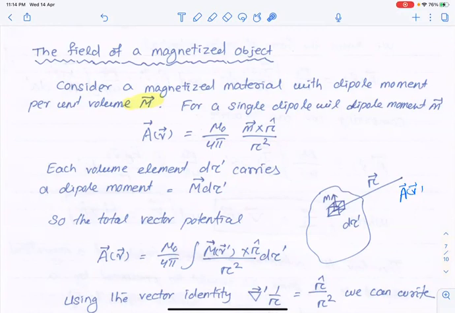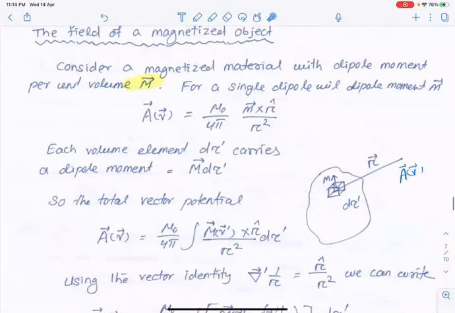Now, if you want to calculate the total vector potential for this material, you need to integrate over many such volume elements. Again, as we have already adopted the convention, you refer to the source in the prime coordinate system, so there will be M of r prime cross r cap by r square d tau prime. That's your integration.